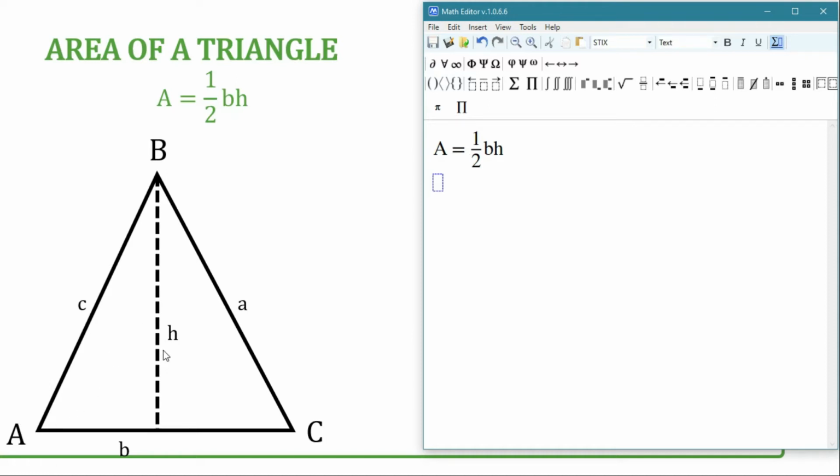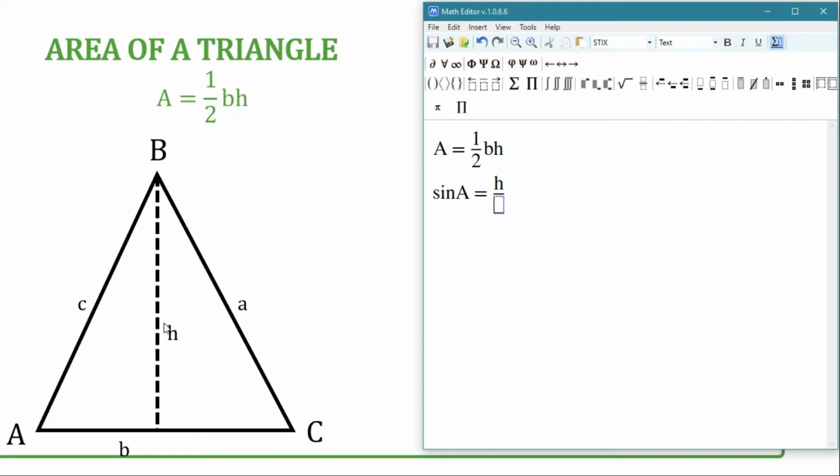Alin po dun sa tatlong basic trigonometric function yung nagko-contain ng opposite side? Okay, so that is the sine function. So for us to get the value of h, we have the formula sine A equals opposite over hypotenuse, where the opposite is the height of the triangle.